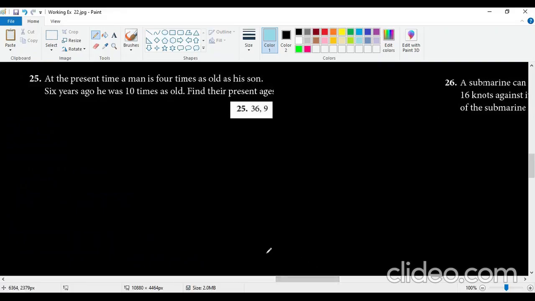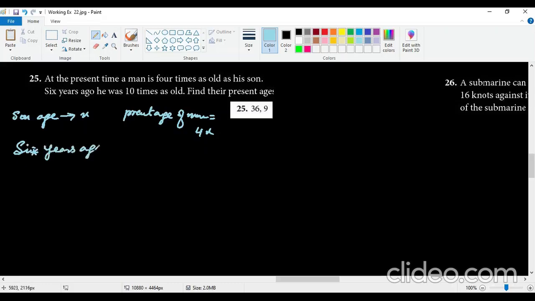In question number 25, it says the son's age I assume as x, and the present age of the man is assumed as 4 times x, 4 times the age of the son. 6 years ago, their ages are going to be 4x minus 6 for the father's age, and the father's age is going to be 10 times the son's age.